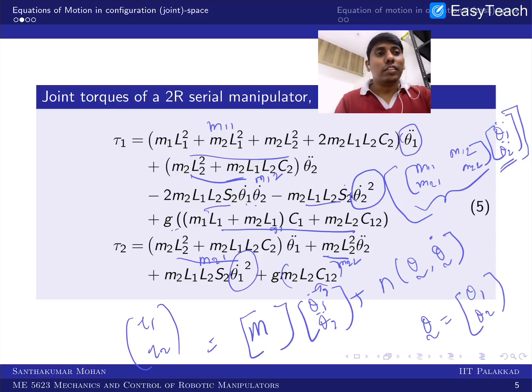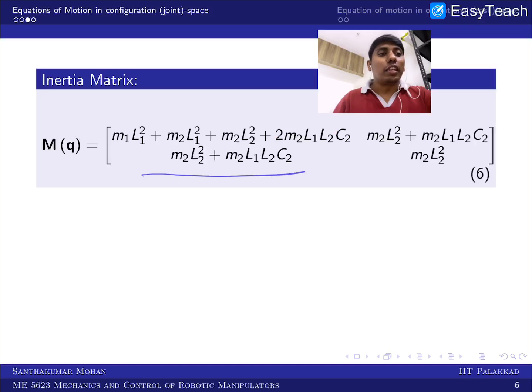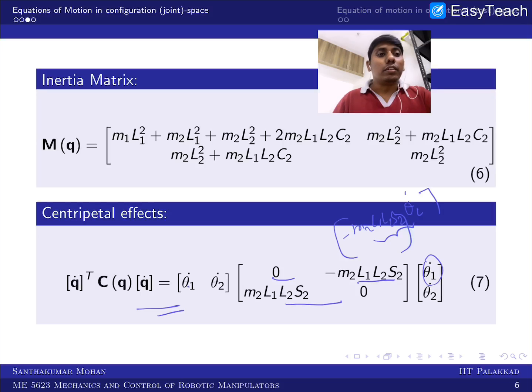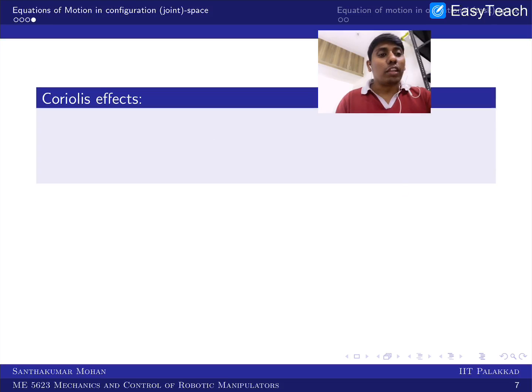So this is your case, and here you can see theta 1 dot squared, and in this case you can see theta 1 dot, theta 2 dot and theta 2 dot squared. The common term you can see here is m2 l1 l2, but here there is 2, and here it is not there, right? That is what we are trying to get. In the same way you can expand.